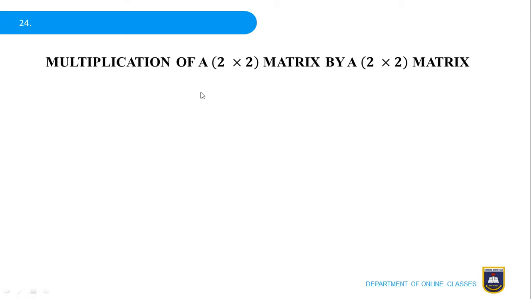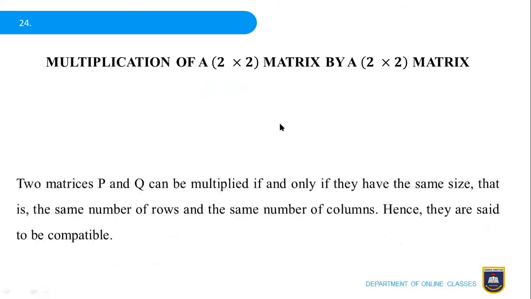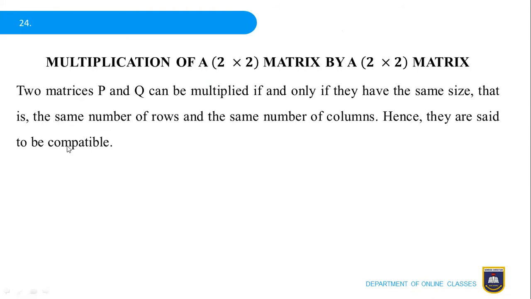Now, multiplication of a 2 by 2 matrix by another 2 by 2 matrix. When you have one matrix which is 2 by 2, multiplying another matrix 2 by 2, let's see the steps we need to go through in order to arrive at the appropriate solution. Two matrices P and Q can be multiplied if they have the same size, that is, the same number of rows and the same number of columns.